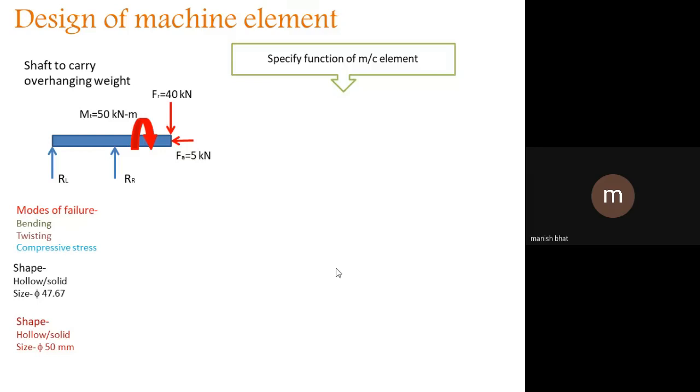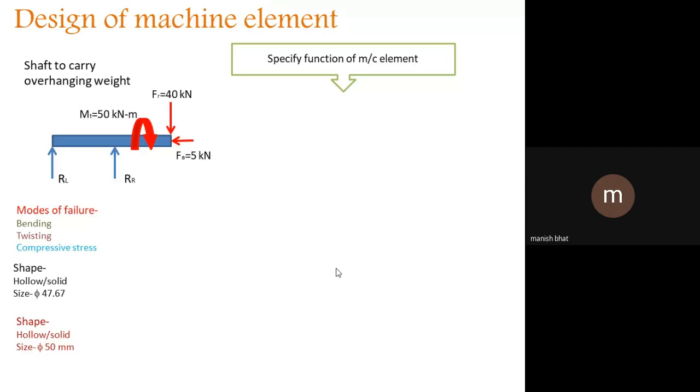There is the axle in the case of a two-wheeler, in the case of a four-wheeler also there is a stub axle, there is the shaft of a motor, the shaft of a pump set. Are they all identical? Round, maybe hollow or solid, but the function of every shaft is different, because the forces acting, and what kind of forces that particular machine element is supposed to bear, is different.